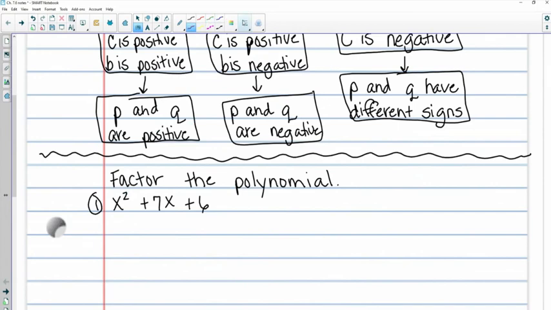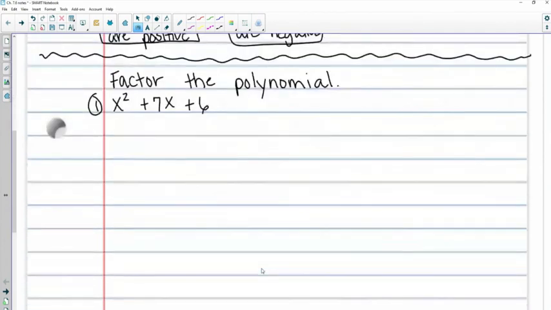Now let's talk about what the steps on how to do this. There's 2 areas that you're going to need to look at. The first one is you need to look at C, and you're going to need to look at B, okay? So whenever I first do this lesson, I like to make a table. And on the table, we're going to write the factors of C, or in this case, 6.